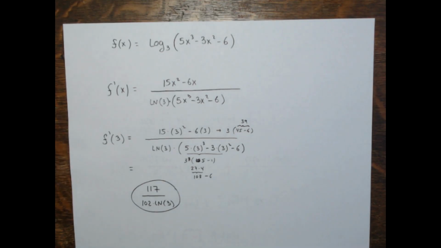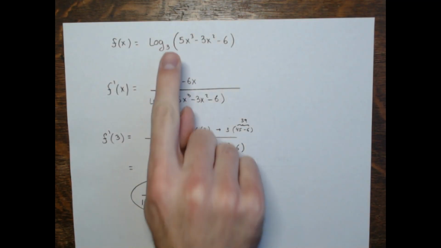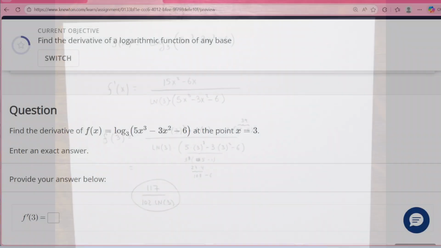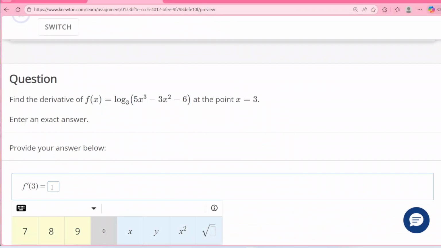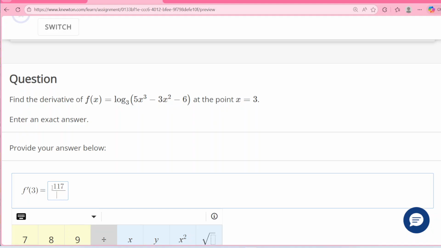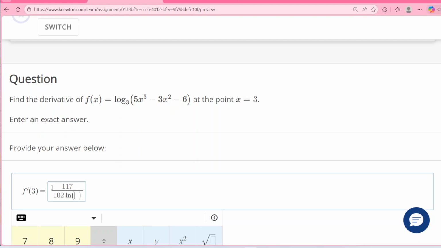There's the exact value, right, without actually punching anything into a calculator and rounding. That would be the slope, whatever this value is, would be the slope of the tangent line to the graph of this log curve at the point where x equals 3. So again, 117, I hope I did that correctly, 102 times the natural log of 3 in the denominator.